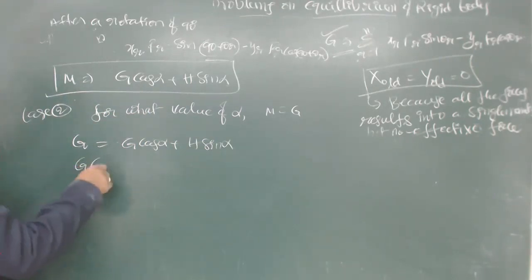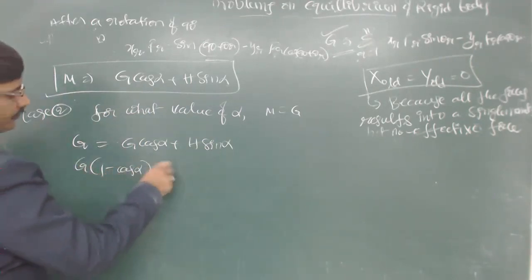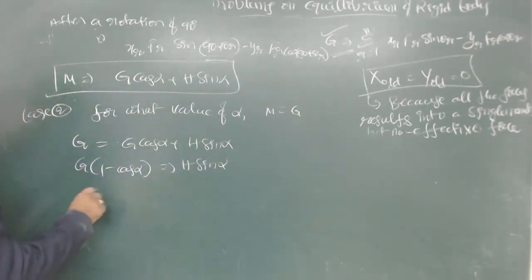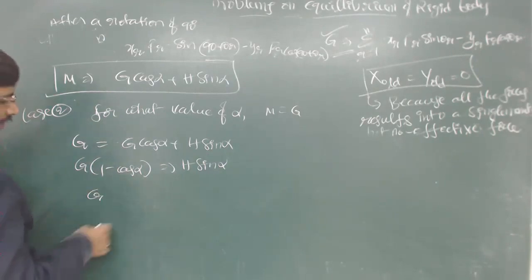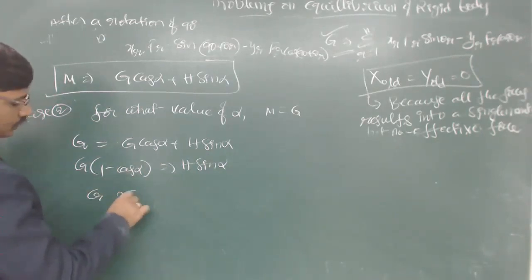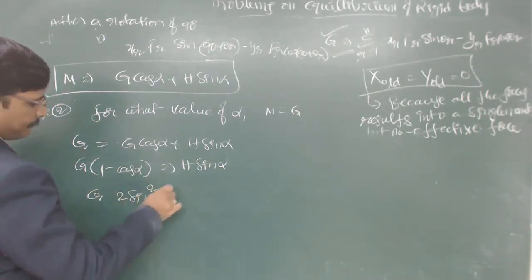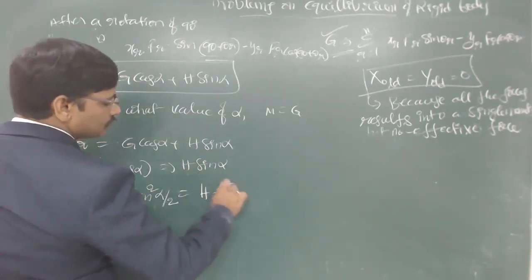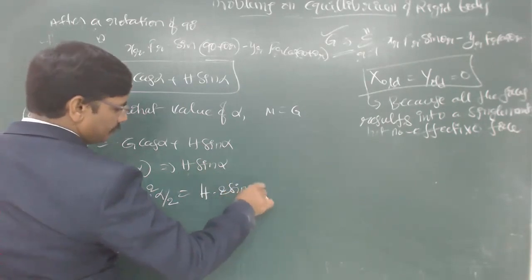So G into 1 minus cos alpha is equal to H into sin alpha. G into 1 minus cos alpha can be treated as 2 sin square alpha by 2, and this equals H into 2 sin alpha by 2 cos alpha by 2.